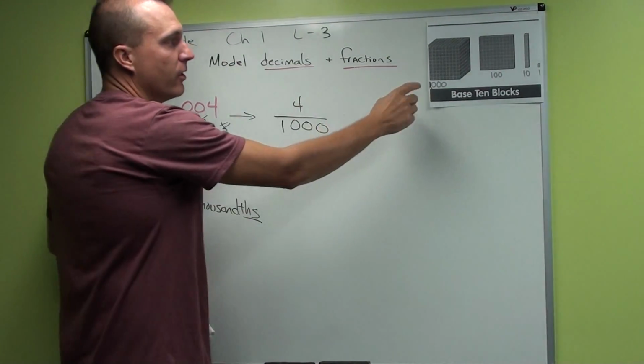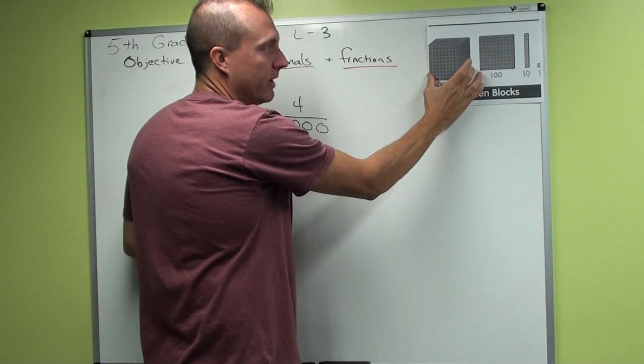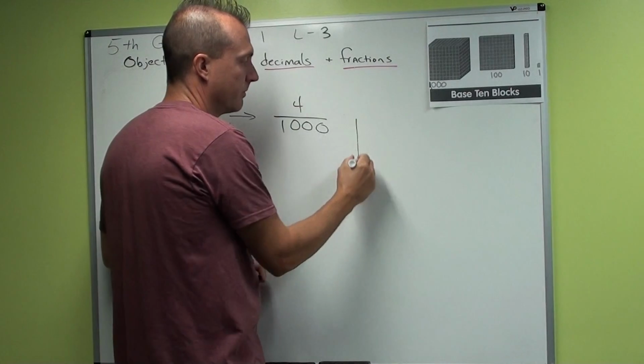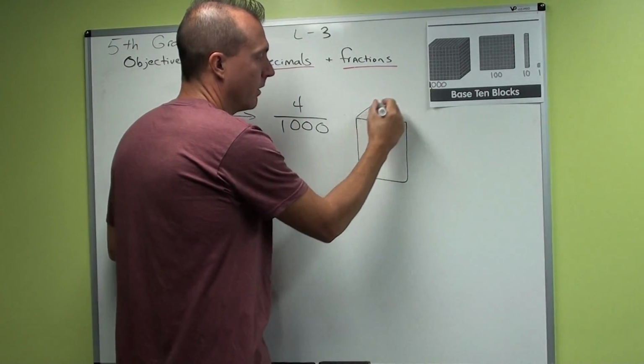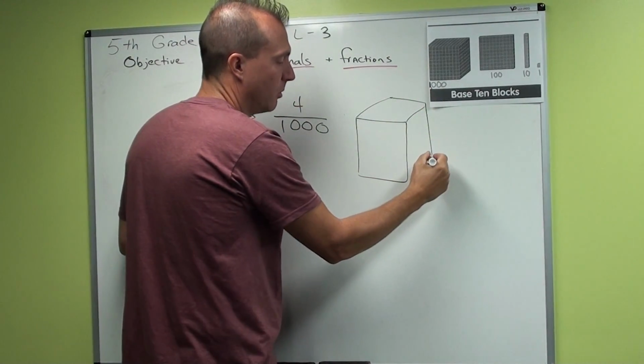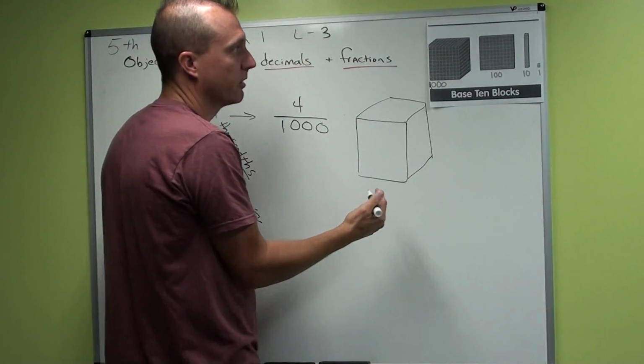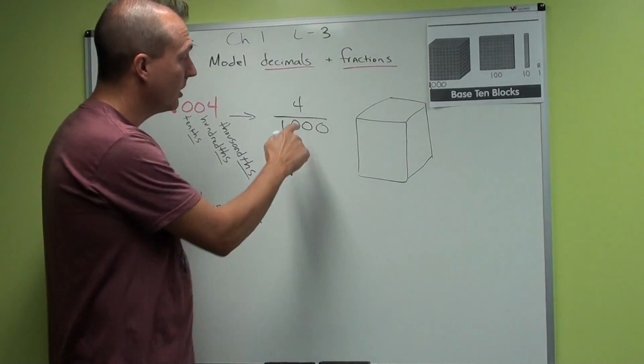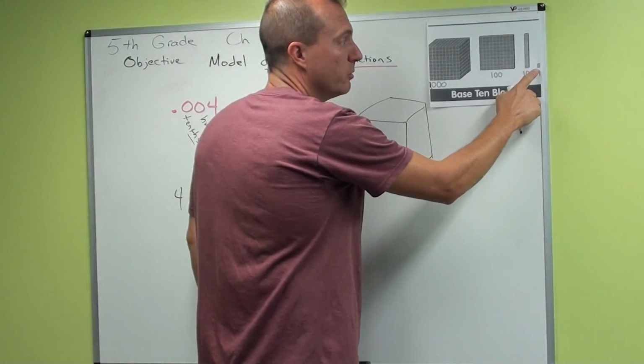Alright. You would take this block right here, and I'm going to have to draw this one. You don't have to draw, I just want you to watch this part, because you'll have it in your book or on the computer. And then we're only going to fill in 4 single cubes.